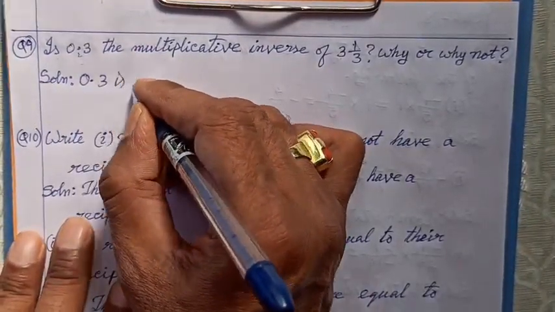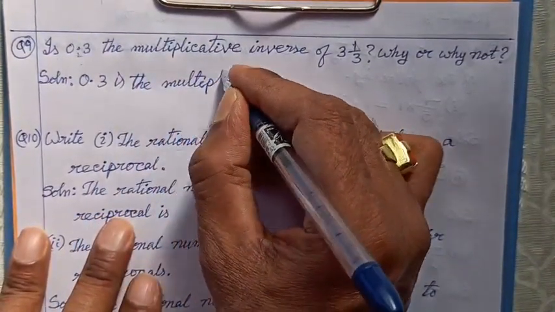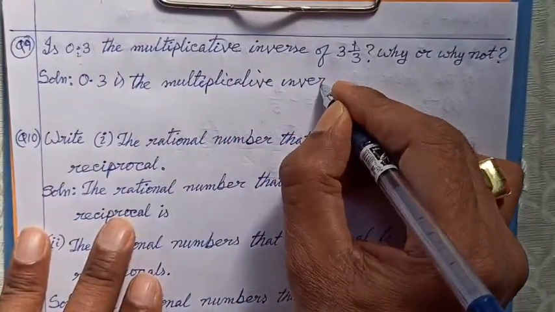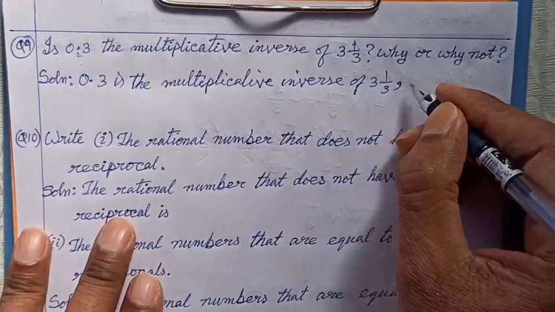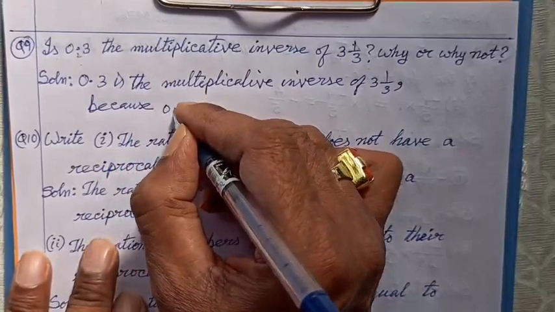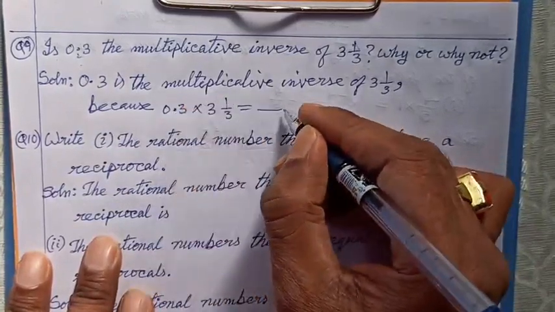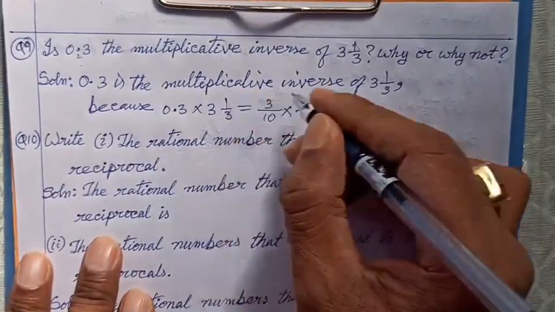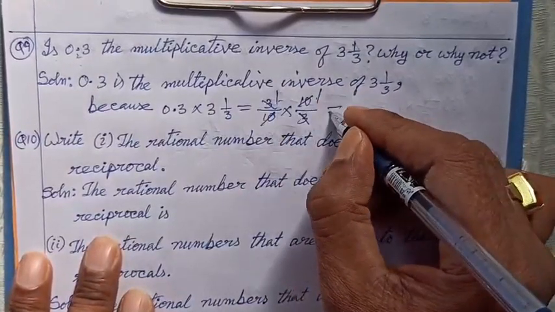0.3 is the multiplicative inverse of 3 whole number 1 by 3, because 0.3 into 3 whole number 1 by 3 is equal to, leaving the decimal point, 3 by 10 into 3 whole number 1 by 3. 3 times 3 is 9 plus 1 is 10, 10 by 3, 3 divided by 3 is 1 times, 10 divided by 10 is 1 times, 1 is 1.